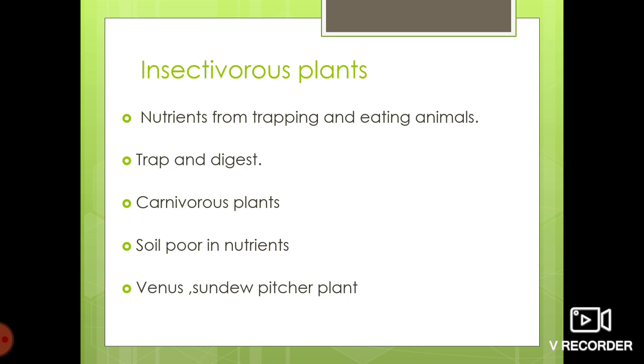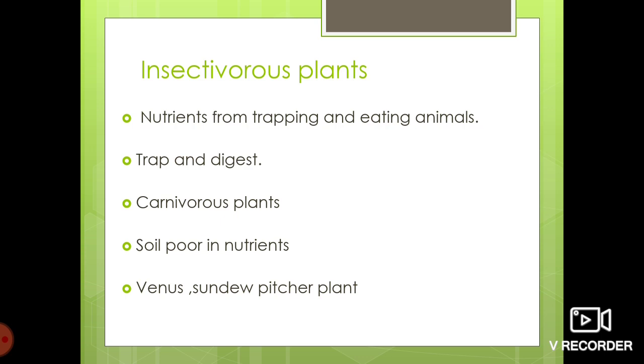Insectivorous plants are those plants which derive their nutrients from trapping and consuming animals, insects. They trap and then digest the insects. They grow in places where soil is thin, or we can say they get their nutrition from the insects that they digest.